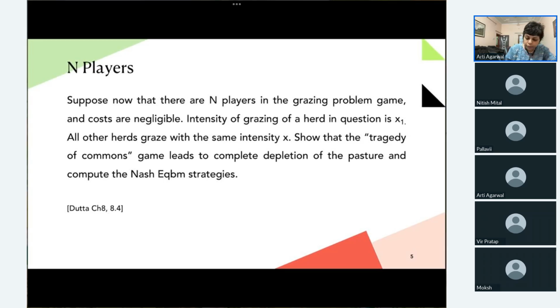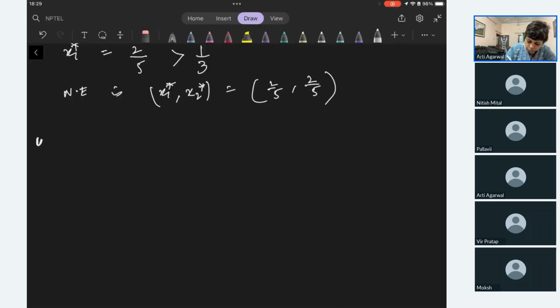In the n player game, you actually understand why it is called the tragedy of the commons. Now, let's write it in the same way. Say the intensity of grazing for a particular player is Xi.